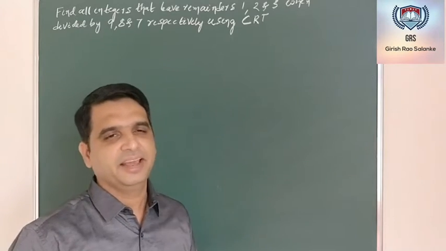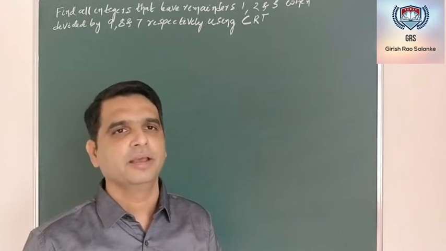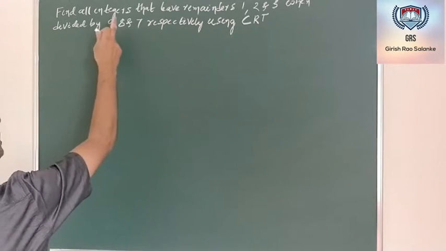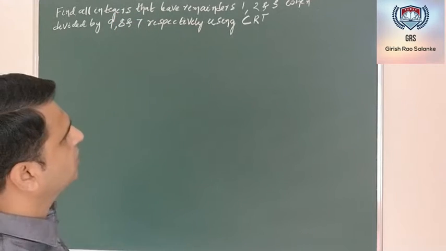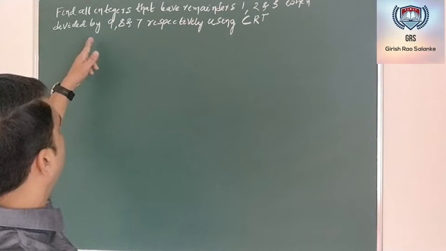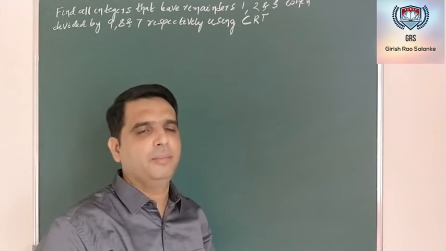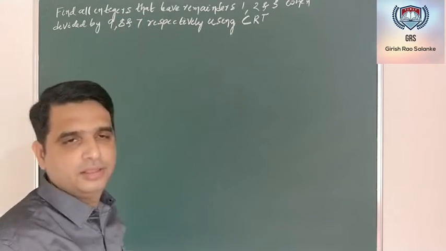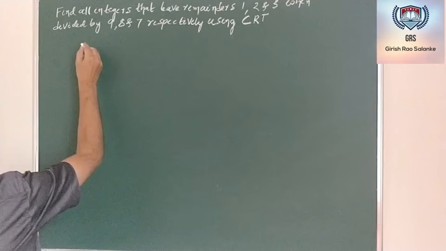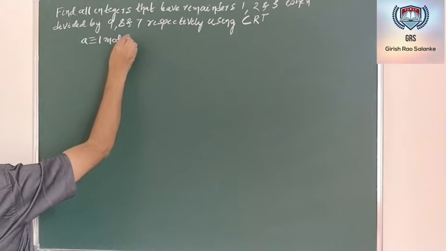Let me take the second example, wherein I have put it in the form of a statement. It says: find all integers that leave remainders 1, 2, 3 when divided by 9, 8 and 7 respectively using the Chinese remainder theorem. First I'll put this statement in the form of equations. The first equation is A is congruent to 1 mod 9.